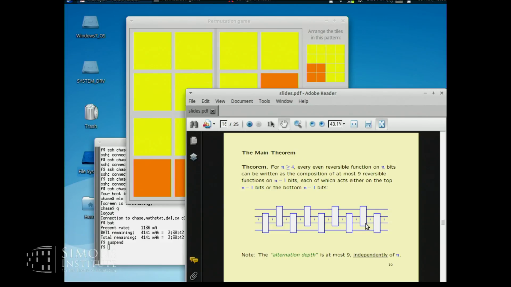So if you want to use that method recursively, you need to have an even alternation depth of 9, meaning that the f's and the g's are themselves even. For that, I'm able to prove it as well, but I can only do n equals 13. I can do it with 13 alternations, but not with 9, okay? But I think that's not at all tight. I would conjecture that you can also do it with 9 for the even case. But I just wanted to mention it, full disclosure. Okay, no other questions?